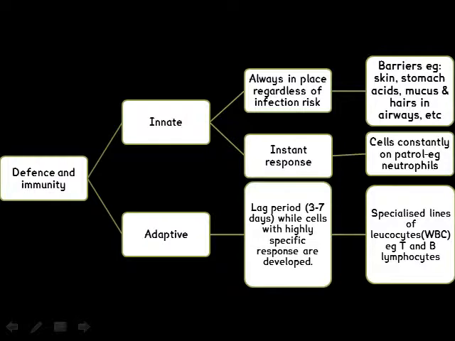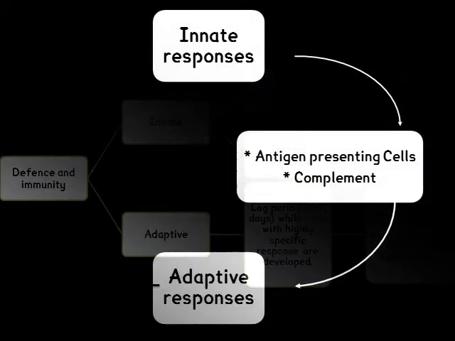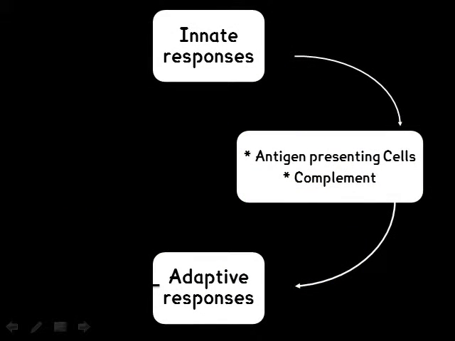But yet again, the more we come to find out about the immune system, we've now discovered that the innate and adaptive systems work closely together by signalling to each other. So, innate responses may result in specialized antigen-presenting cells passing information to the B lymphocytes or even T lymphocytes.